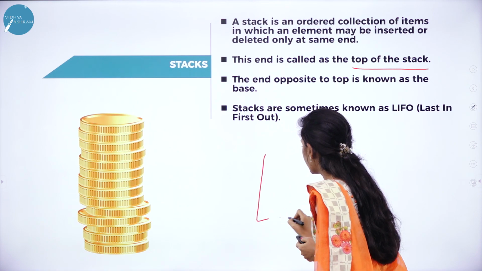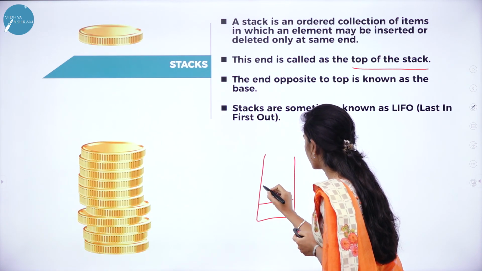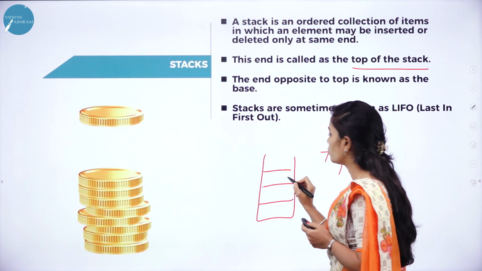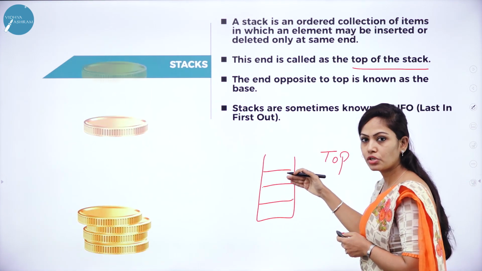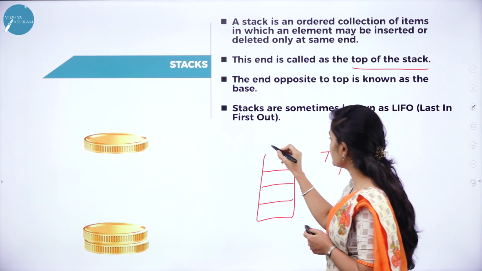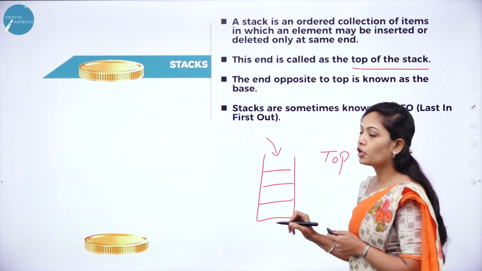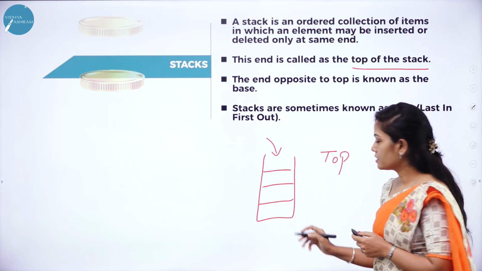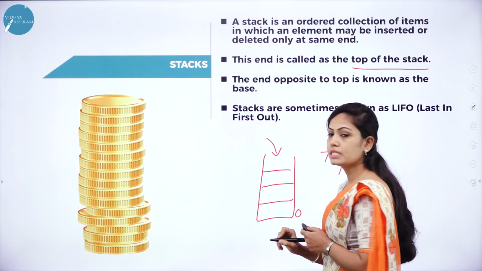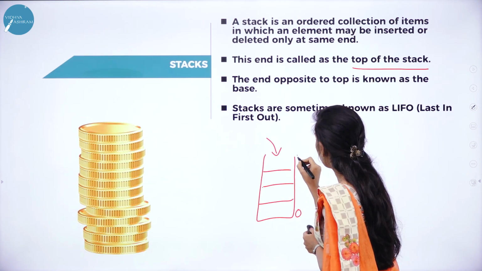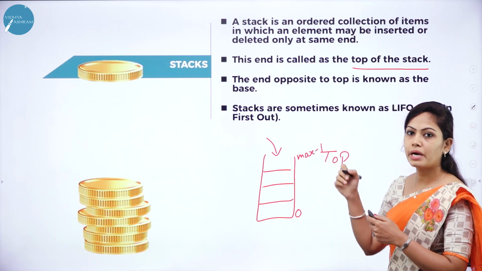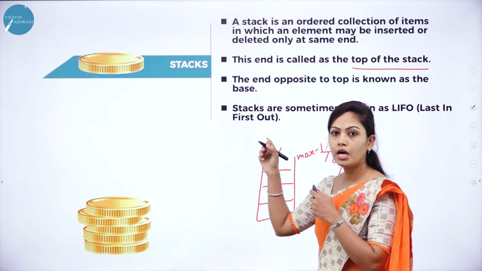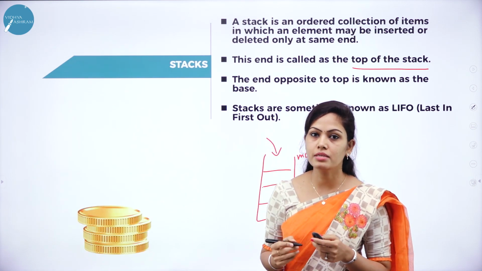So stack is a linear data structure where the addition of new elements and the deletion of an existing element take place only at the same end, called top of the stack. Here the index value starts from 0 to max minus 1: 0, 1, 2, 3 up to maximum value minus 1.